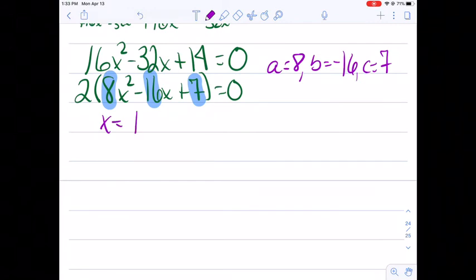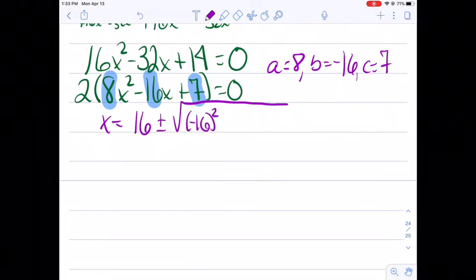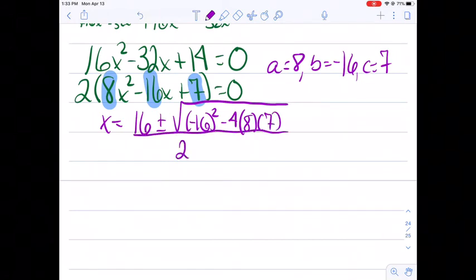So x equals the opposite of b, which is 16, plus or minus the square root of negative 16 squared minus 4 times 8 times 7, all over 2 times 8. Okay?